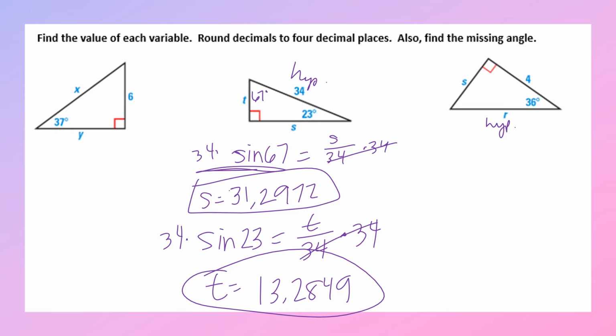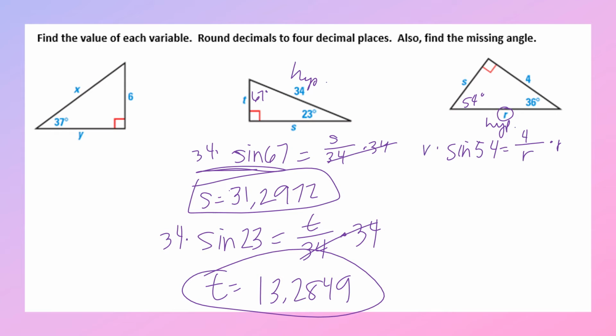For the next one, we have 90 and 36. That means this missing angle here is 54. So I need to find R and S. It does not matter which one you do first. I chose to do R first, and I did sine of 54. The opposite side of 54 is 4, and the hypotenuse is R. This is like the first one that we did.